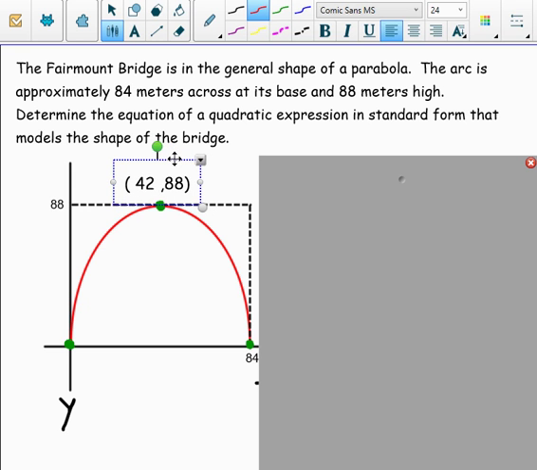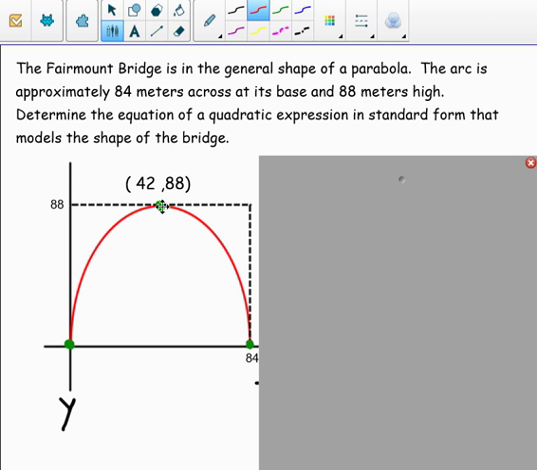Now we have the midpoint and the height, so we have the x and the y. Now we will find our equation with these 2 points.